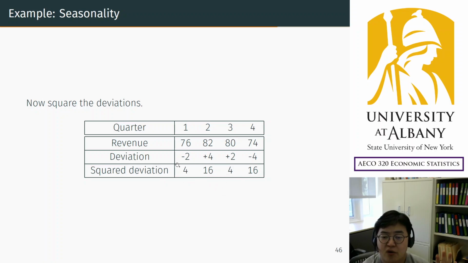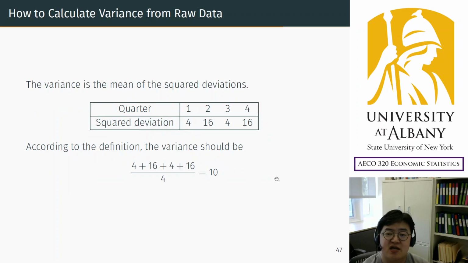So we have 4 squared deviations. We are going to take the mean of these squared deviations. That is the variance. That is the definition of the variance. So calculate the mean of these numbers. The variance is 10, right? This is how you can calculate the variance according to the definition.